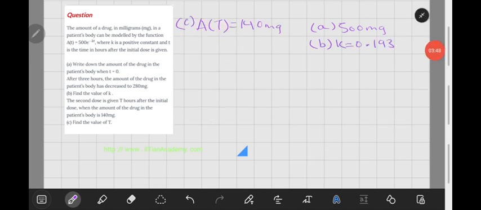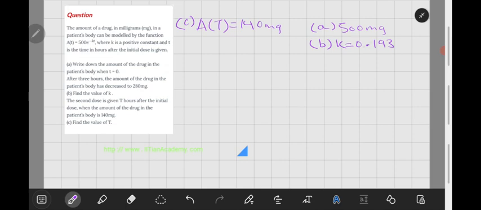Now for our final part of the question, part C, the question states that a second dose, so a new dose, is given to our patient T hours after our initial dose, when the amount of drug in the patient's body is found to be 140 milligrams, and we're asked to find the value of T. So our statement here can be A(t) is equal to 140.